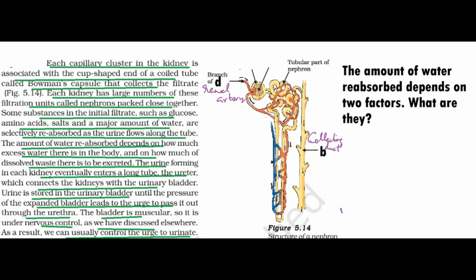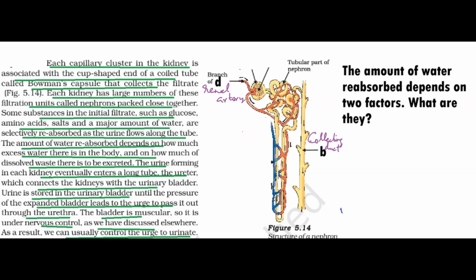The next question that can come, the amount of water reabsorbed depends on two factors. What are they? Where is it reabsorbed? That's the matter. So here there is the kidney tubule through which the urine is passing.